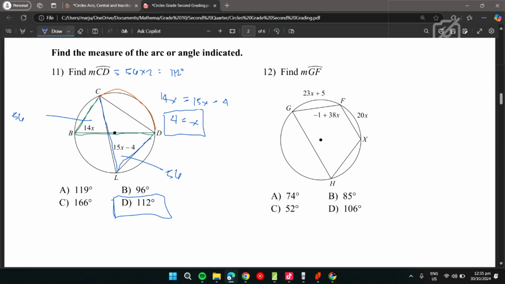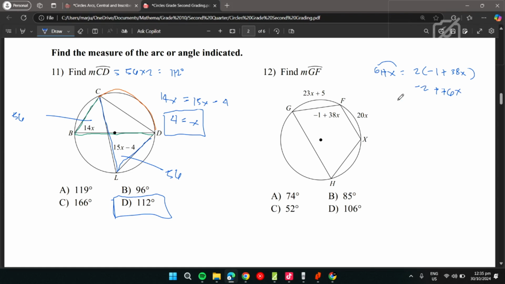So the major arc GHX is twice 1 minus... -1 plus 38x, by theorem. So this is -2 plus 76x.